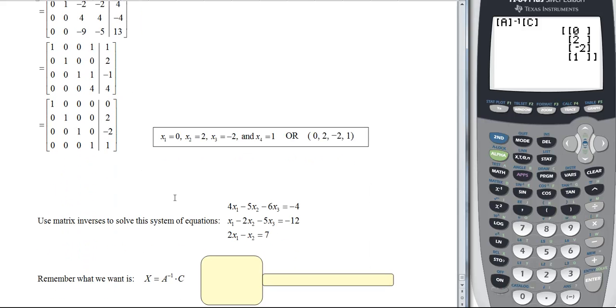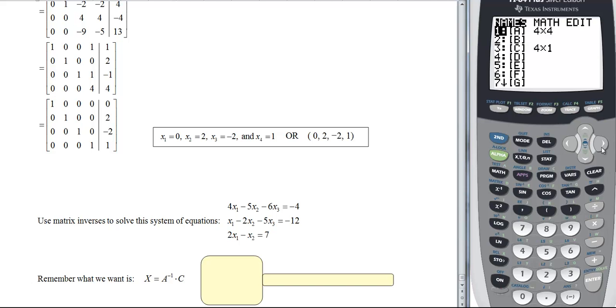So, use matrix inverses to solve this system of equations. So, put this in matrix A, your coefficient matrix, and remember to put this one in C. So, let's see if we can go do this real quick. I'm going to go edit A. It's going to be a 3 by 3.